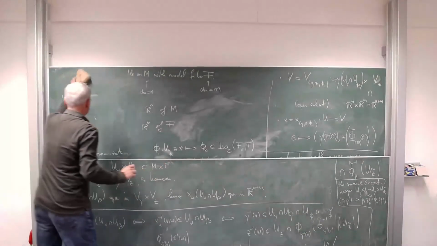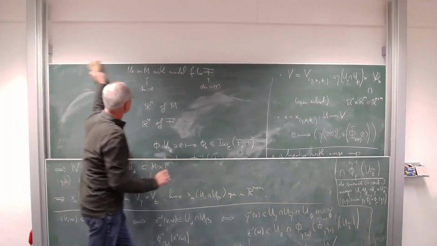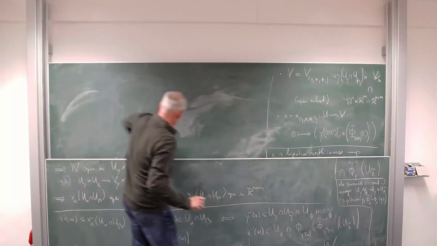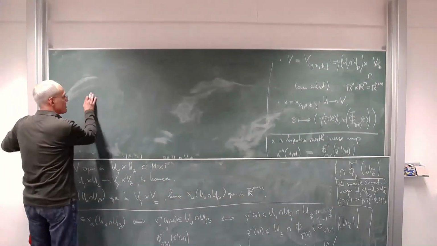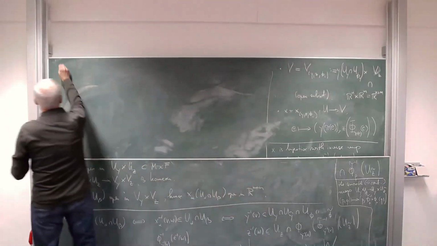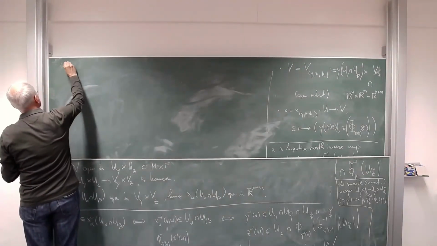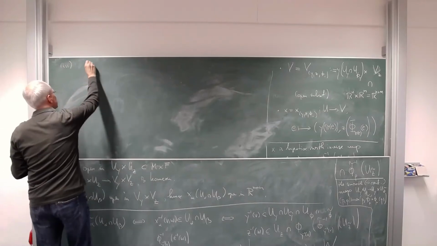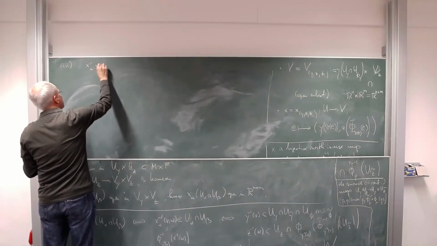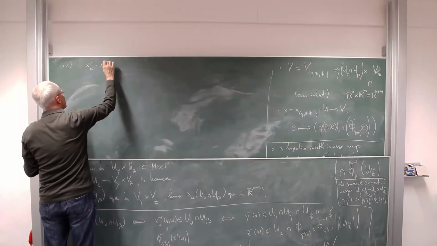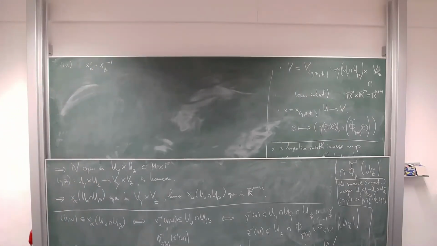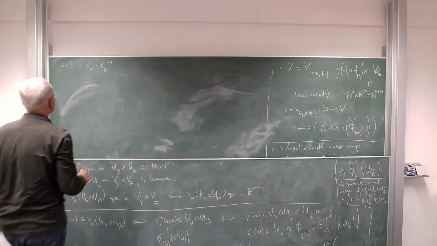Now, the transition maps. Number 3. So I have to look at X alpha composed with X beta to the -1 as a map from some subset of R^(n+m), in this case, to R^(n+m).